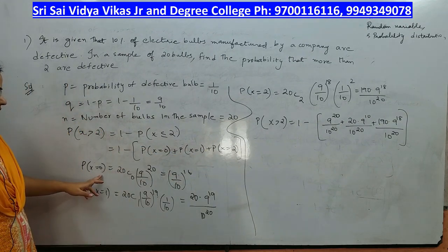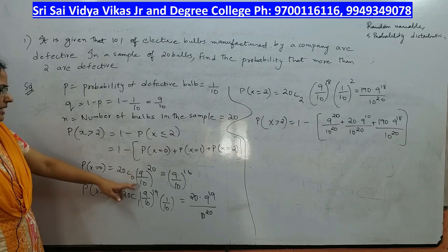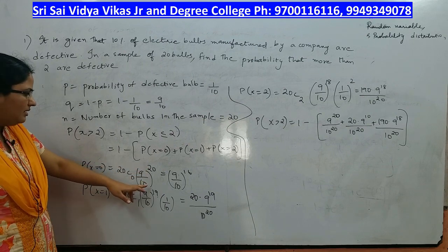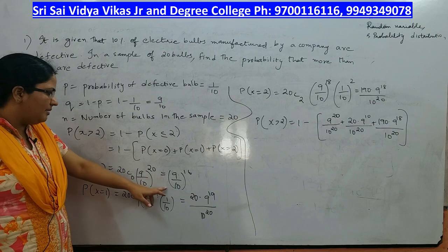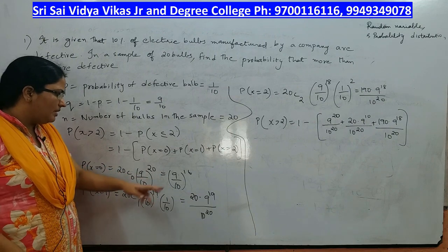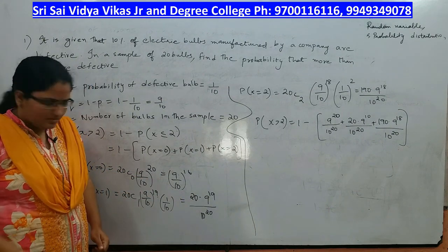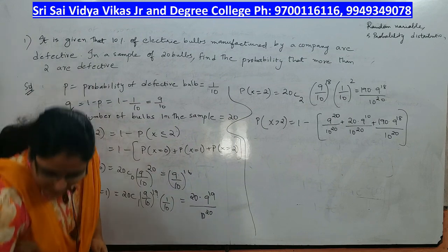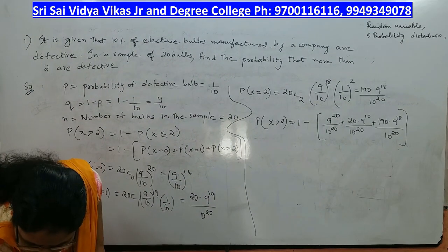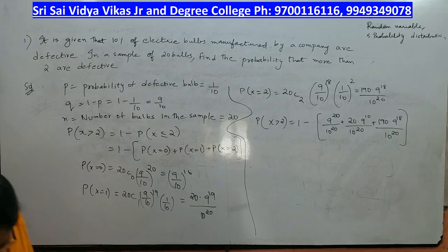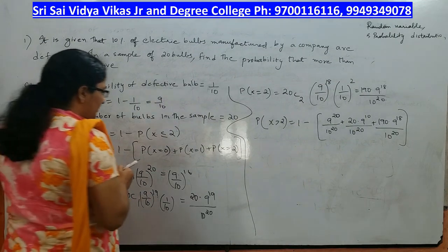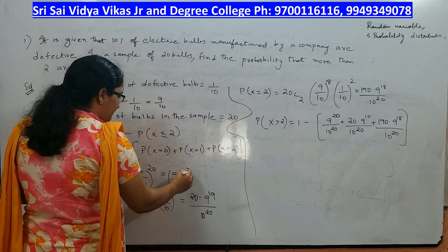P of x equal to 0 means 20C0, (9/10)^20, that is (9/10)^20.